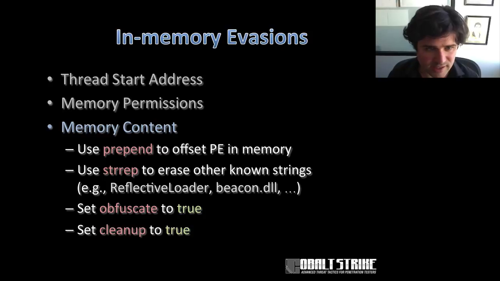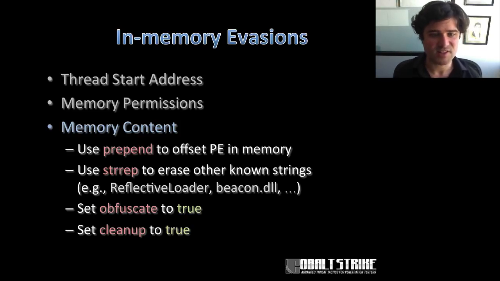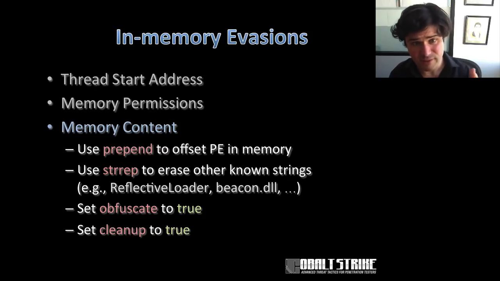What about memory content? All right, there's some really cool play here. This is one of the things I think is both simple and neat at the same time. First, you can prepend junk information to your beacon payload. And you may be asking, why would I want to do that? Under what circumstances will that help me?